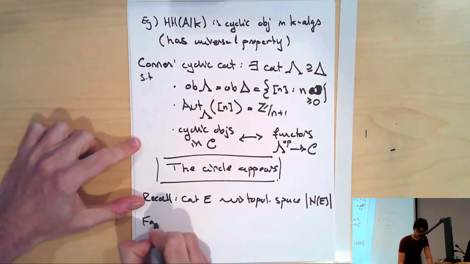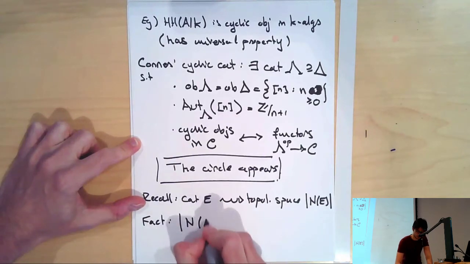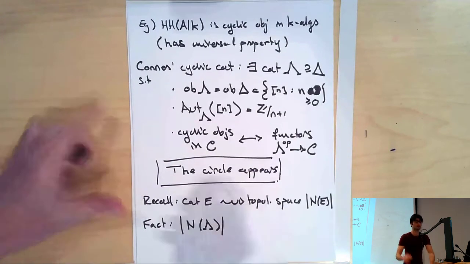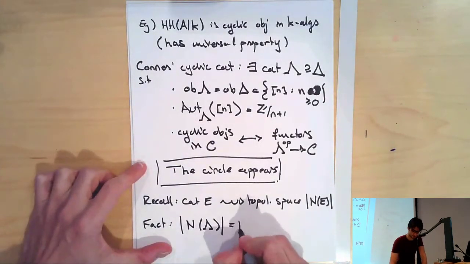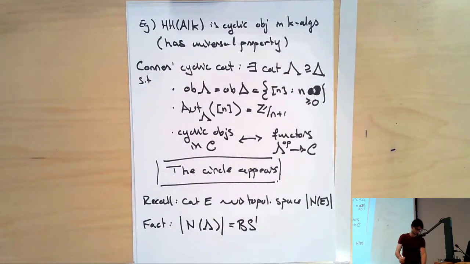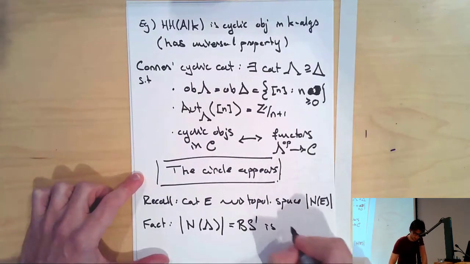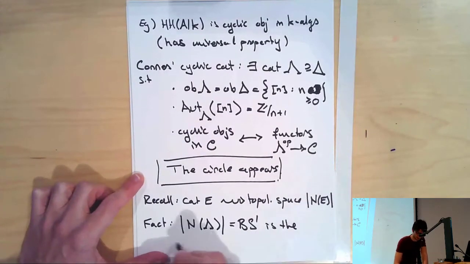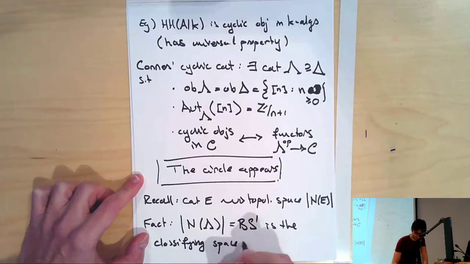And the key fact is that if I do this process to Kahn's cyclic category, which is classifying our cyclic objects, then what drops out is a classifying space for the circle. I should say there's really only one up to homotopy, for the circle.